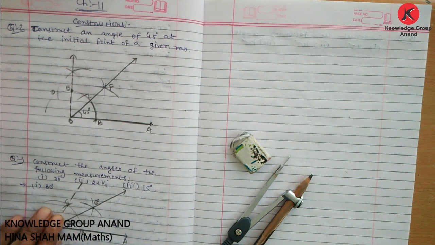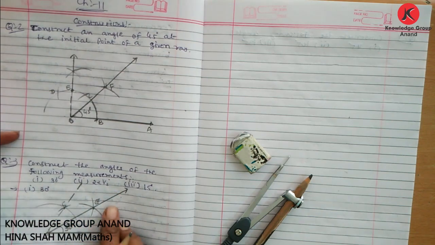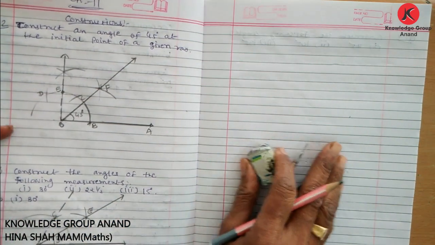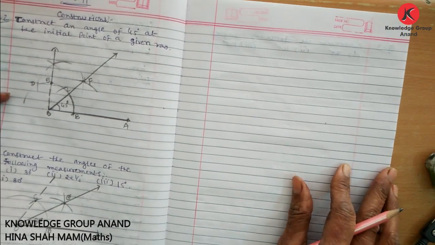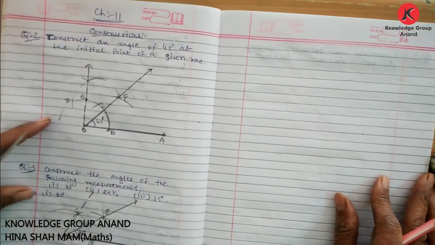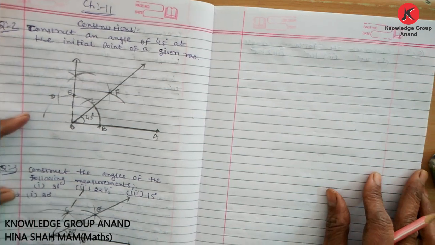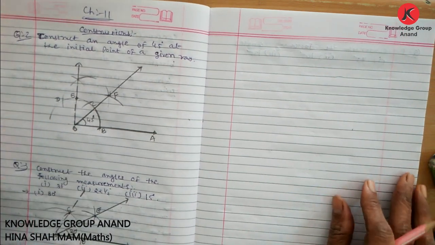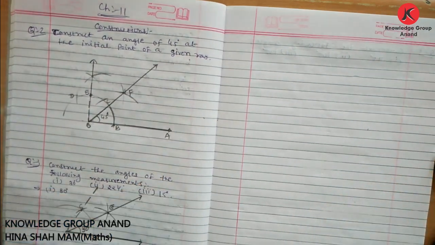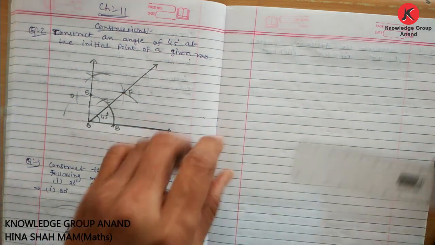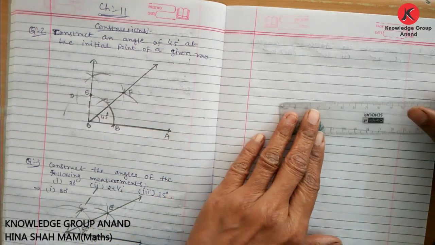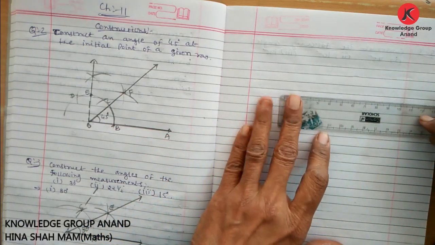Now second, 22 and a half. How do we draw 22 and a half here? First we draw 45 degrees, then the bisector of this angle.